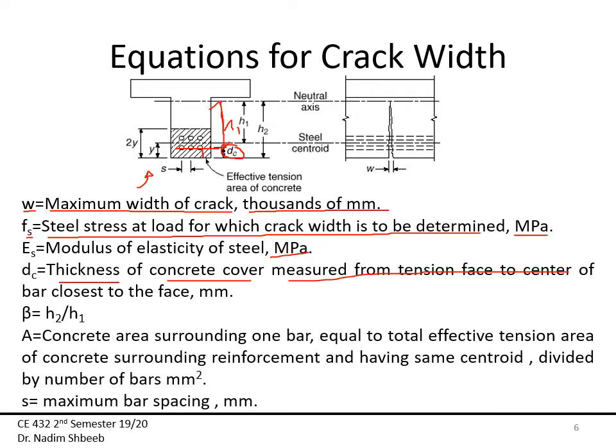Having two layers right here, this will be my center. Then my area would simply be equal to 2y times the width, b web, divided by the number of steel reinforcement. In our case, we have 1, 2, 3, 4, 5, 6. So divide that by 6. So this would be my A.